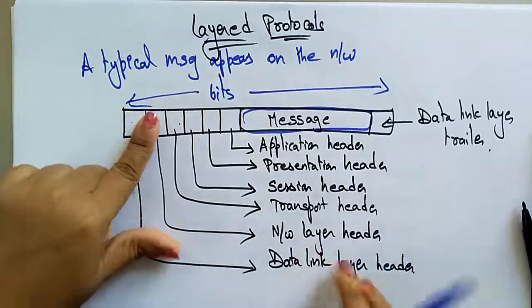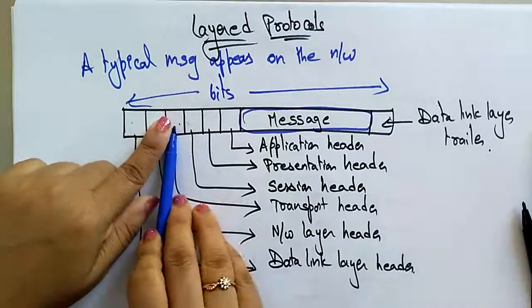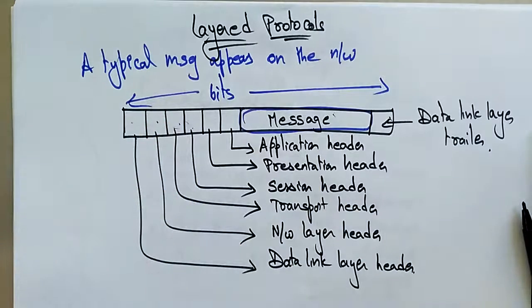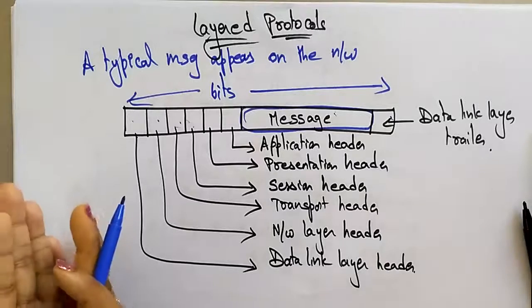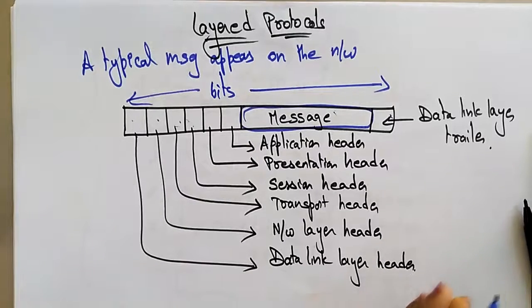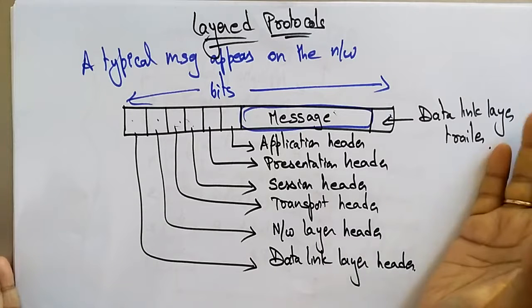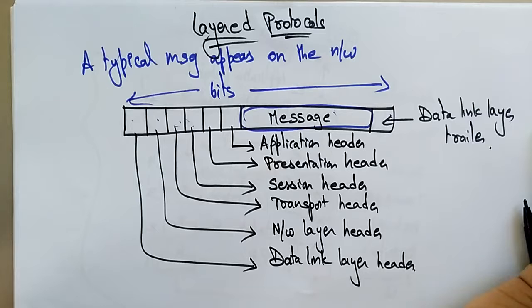And at the network layer, the network header and the message, then the transport header and the message, and the session header and the message. Depending on where it is coming from, the header position and the trailer position should be there: the most significant bit and the least significant bit. The least significant bit in the data link layer will be occupied with the trailer and the most significant with the header.